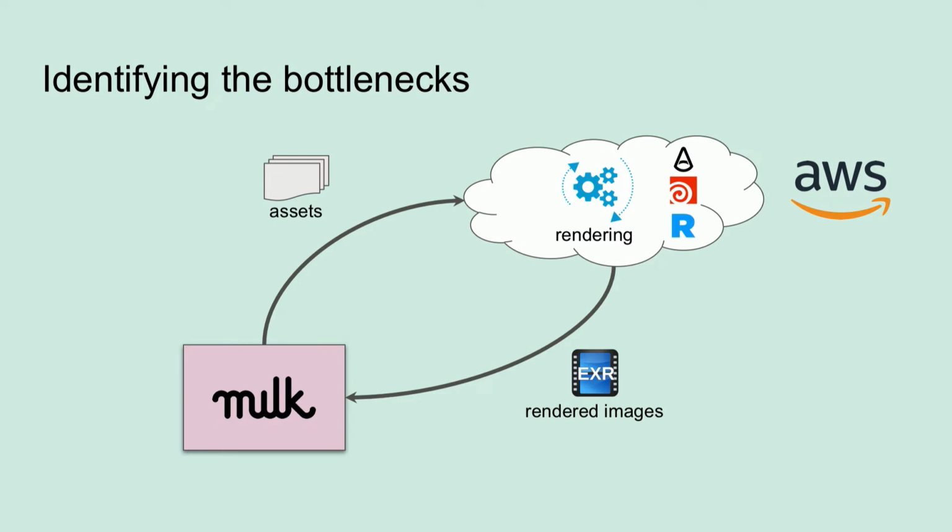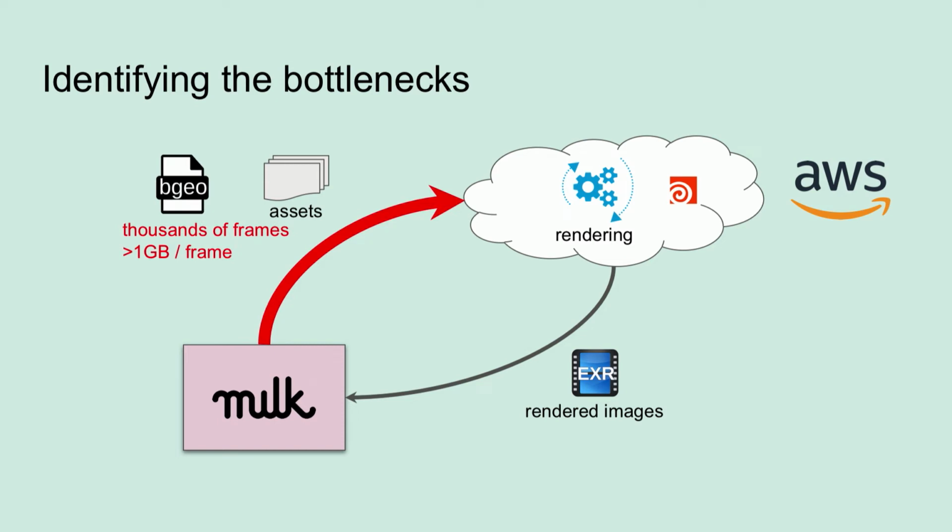So that's pretty standard. But what would happen on Adrift is, as James was showing earlier, we had these huge particle caches, geometry caches, and that meant that, especially on long shots, the 3,000 frame long shots, you end up having gigs and gigs of data to upload, and then you have a bottleneck.